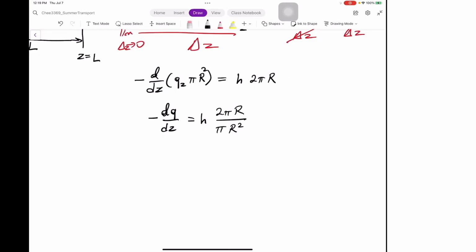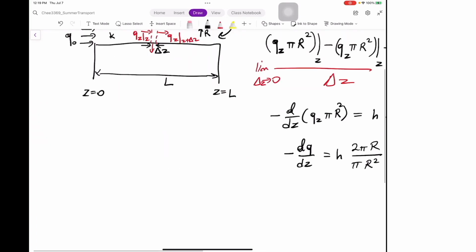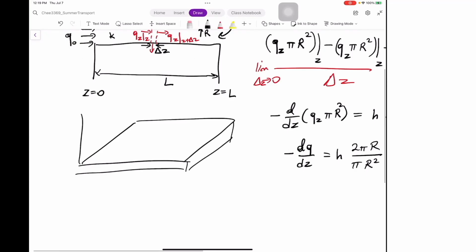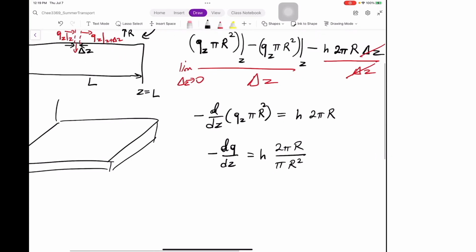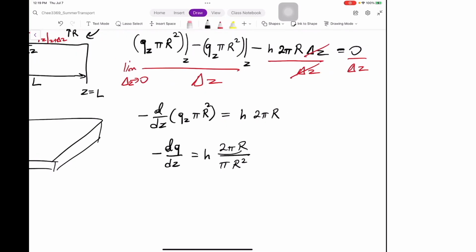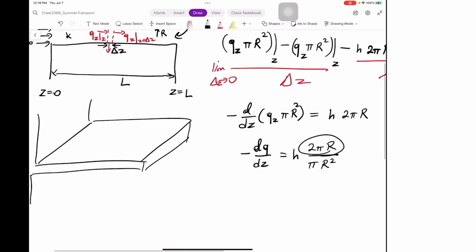Basically we found exactly the same equation as in our slab case. Remember, in our fin example we had this, but instead of 2 pi r we had our perimeter there. The perimeter was different in that case, it was 2 times v plus w.